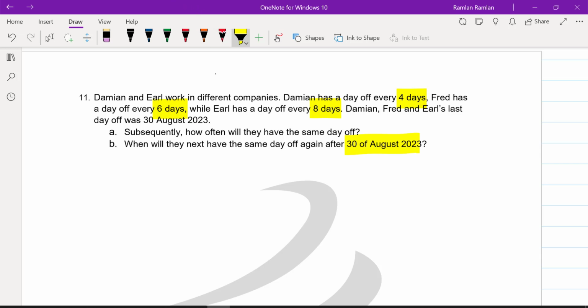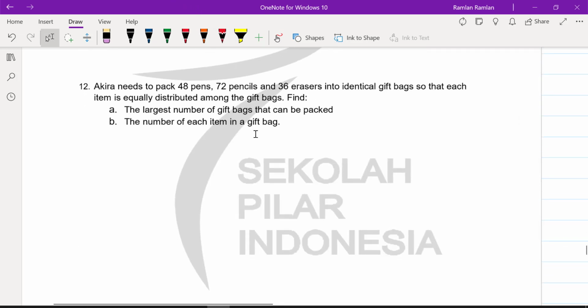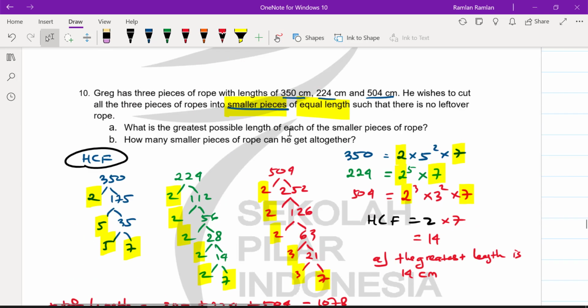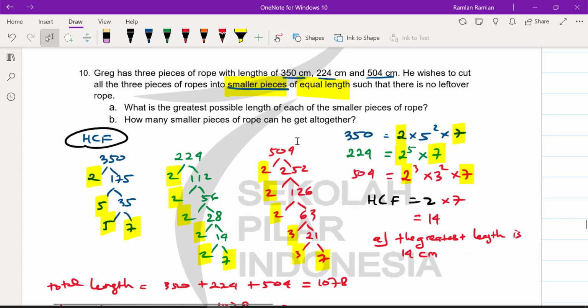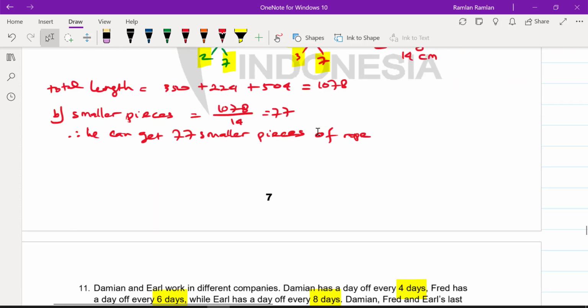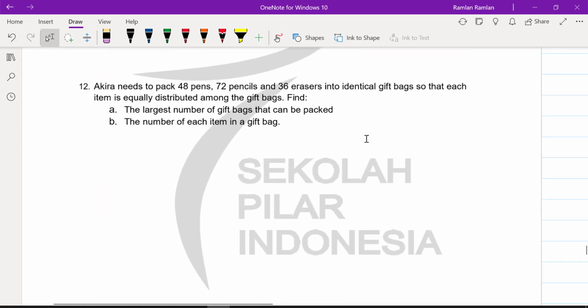Okay, so number 12 is also the same thing. I'm not going to give you the answer, but it has the same concept as number 10, right? So this time you're going to find the highest common factor, and then you just divide it one by one. So just find the highest common factor of 48, 72, and 36. That will be the maximum number of gift bags that can be packed.